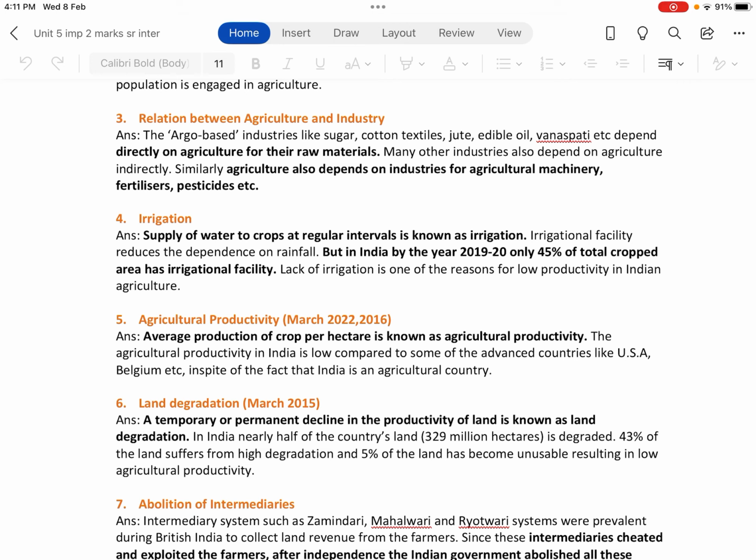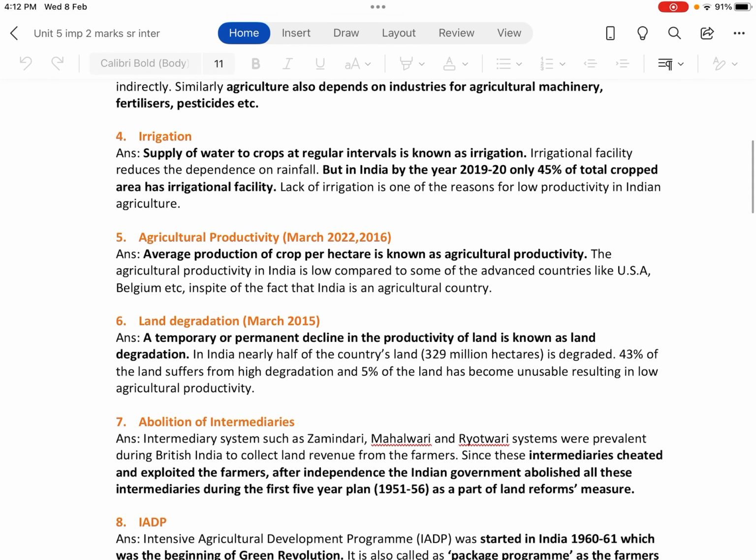That means even today, still 55% of the total cropped area in our country depends on monsoon. So that's why Indian agriculture is a gambling in monsoon. Because of the lack of irrigation facility, the productivity of Indian agriculture is low.